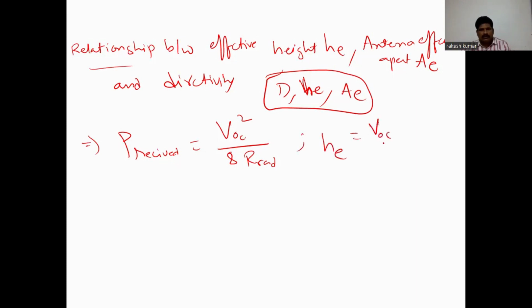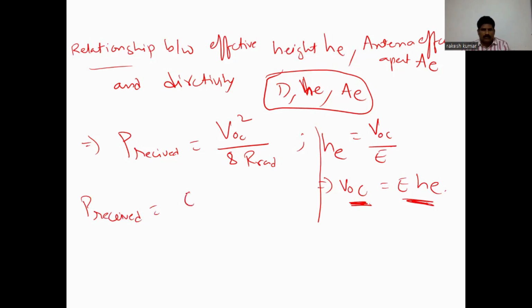Effective height is equal to V_oc by E, so V_oc is equal to H_e times E. Now in the place of V_oc, I am substituting H_e times E in this equation. So P received is equal to E squared times effective height squared by 8 R_rad. This is the formula for P received.